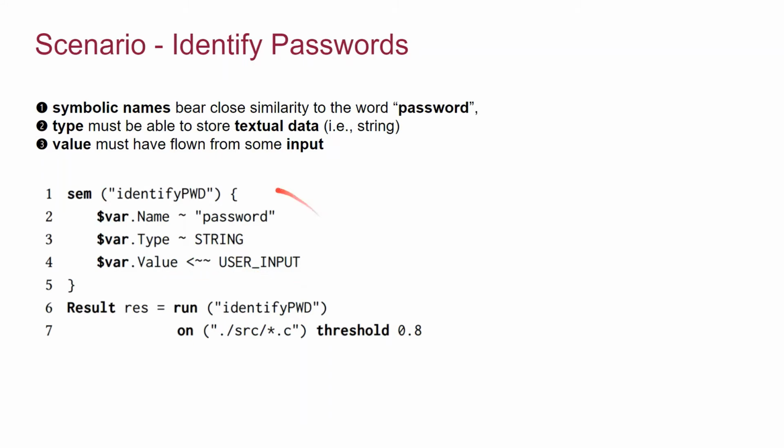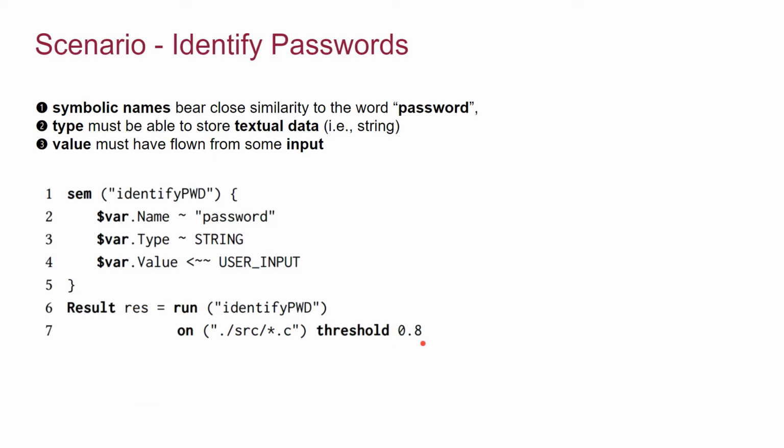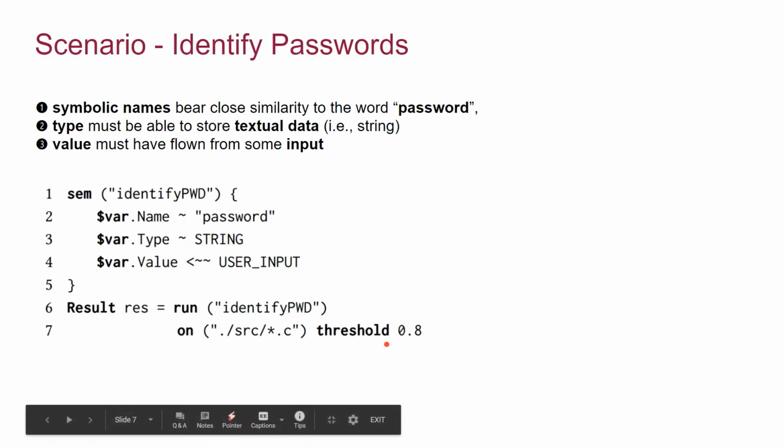We run these rules on some code files and give them a threshold, 0.8. That means after we calculate the likelihood, we select the variables whose likelihood are greater than the 0.8 threshold, and use these variables as the final result.